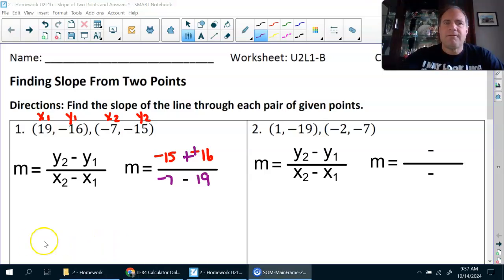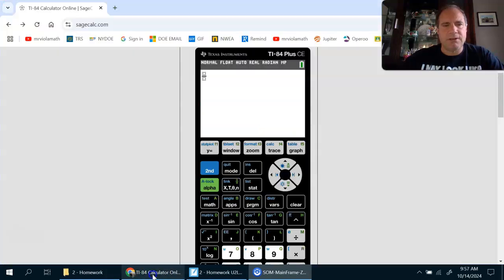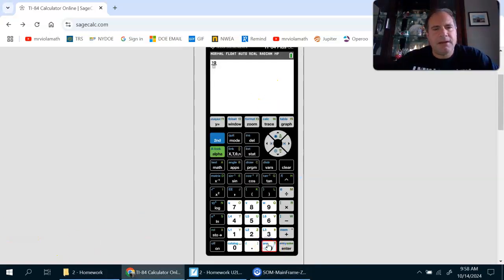So when you have any fraction like this, just grab your calculator, do negative 15, alpha x, right? Alpha x is negative 15. So on the top of your fraction, you have negative 15 plus 16.